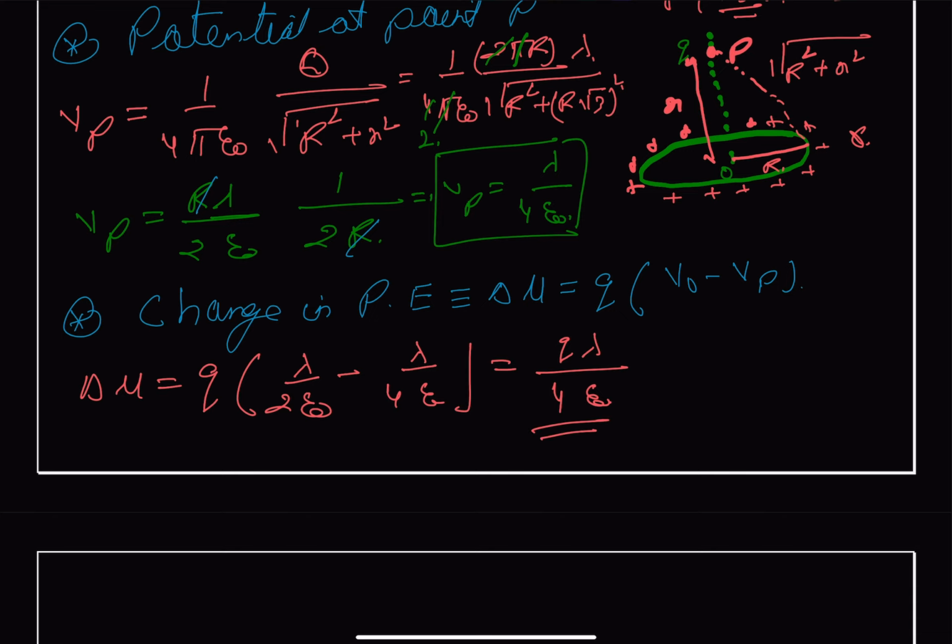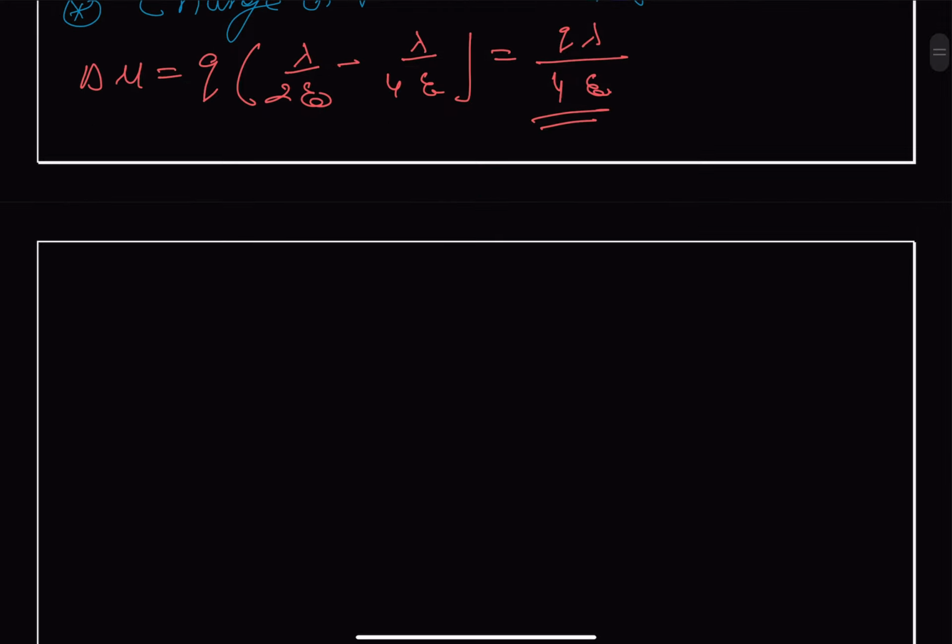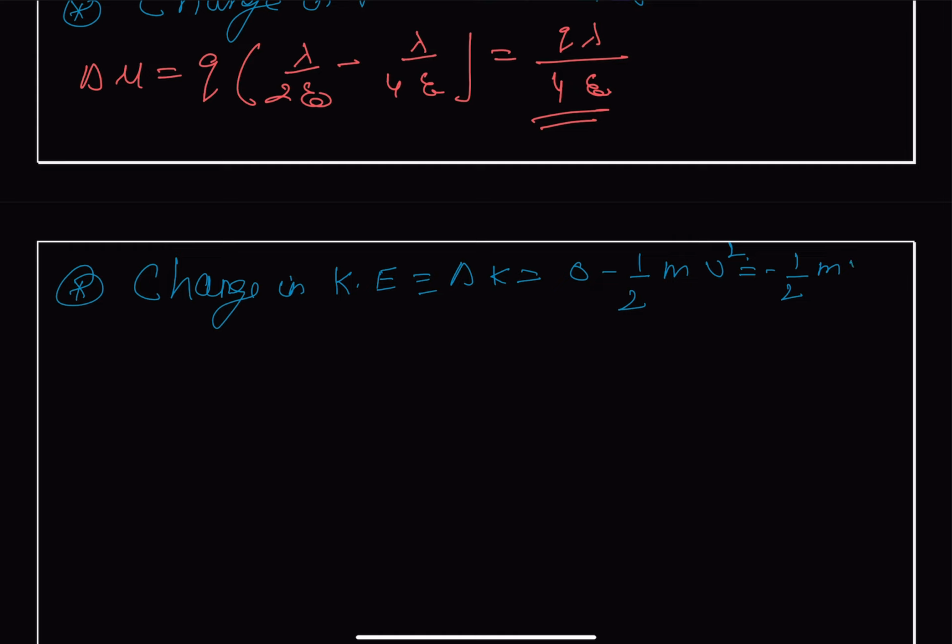Now we can find out the change in the kinetic energy. Change in kinetic energy, let us call that delta K, will be equal to 0 minus half m v square, which comes as minus half m v square. Now we can simply use the conservation of energy.